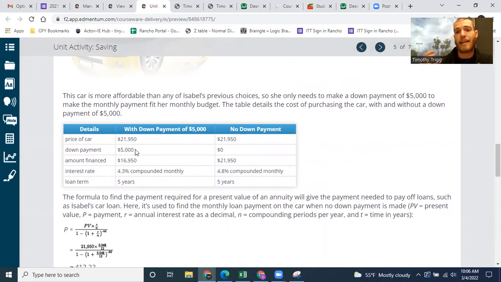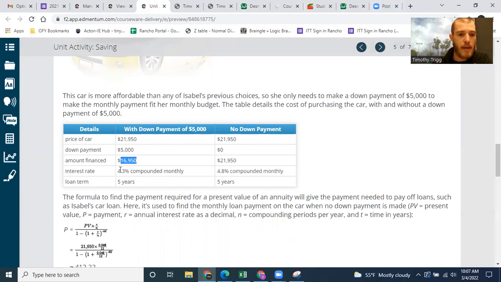In other words, she's going to have to take out a loan for the rest of the price. In this case, the amount she would have to finance is $16,950. You can see this: $21,950 minus the down payment of $5,000 means she'll have to finance $16,950. Okay, I hope that makes sense.